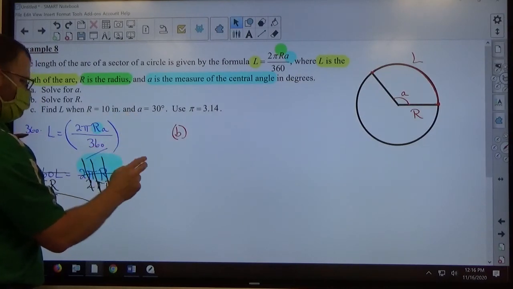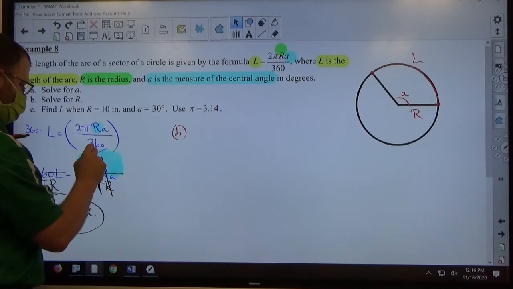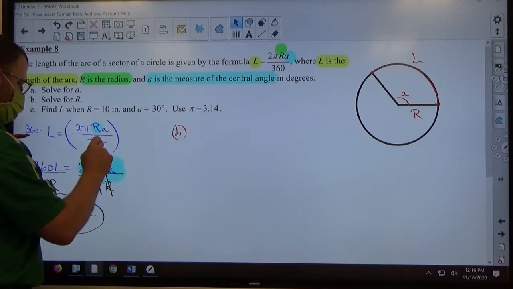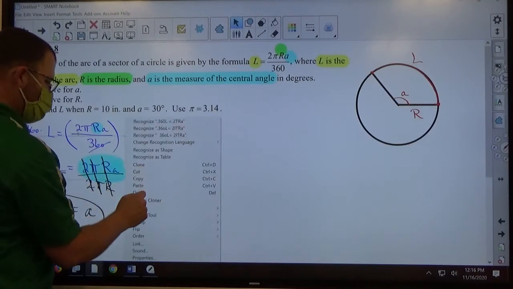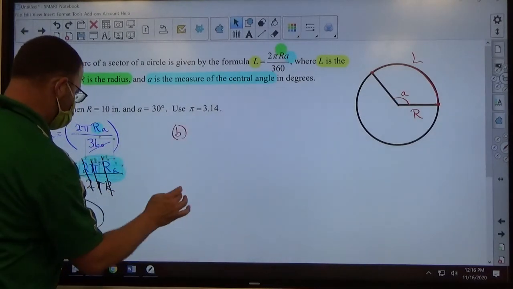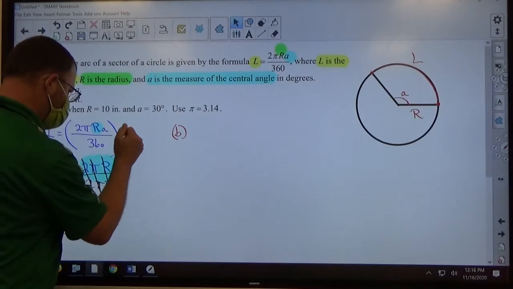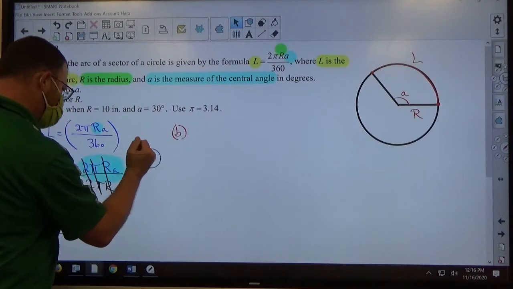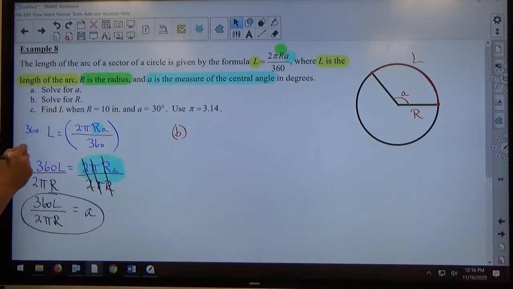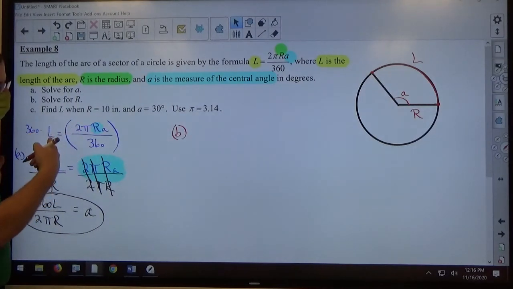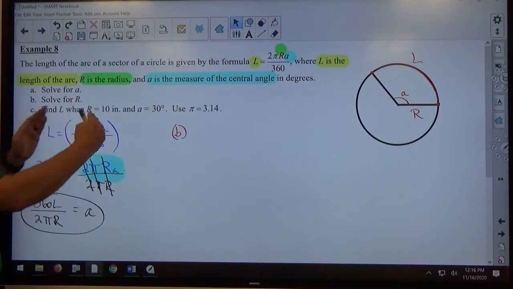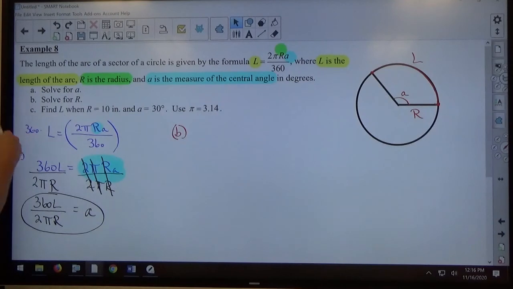All right. So, I want to get R equals. First I get rid of parentheses, which I put there for effect, so there are no parentheses.